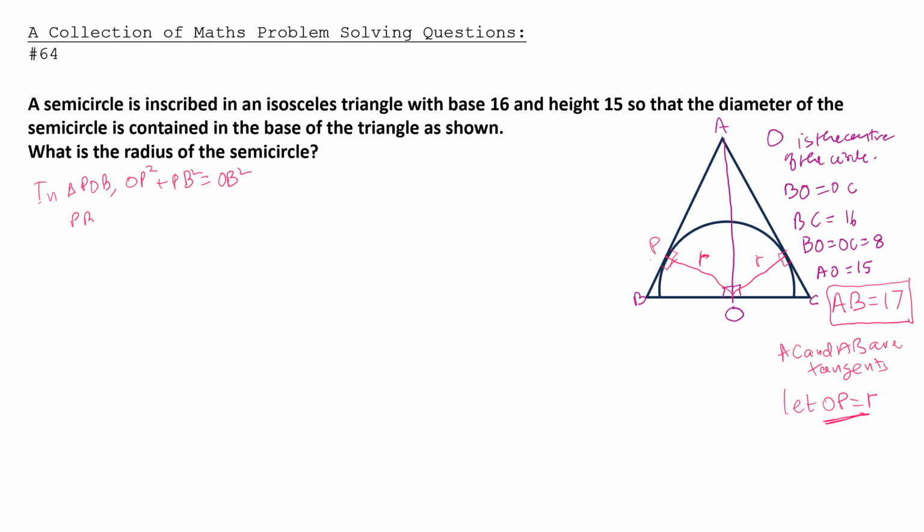So PB square can be written as OB square minus OP square, and that equals 8 square minus R square. So PB equals square root of 64 minus R square. So once we know PB, then we can try and work out what AP is.